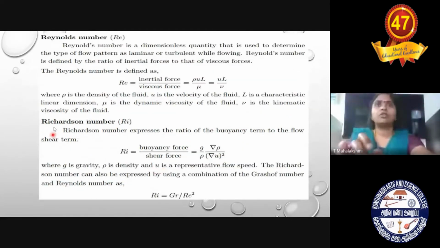Reynolds number represents that we are considering the mixed convection in the problem, which is the ratio of the inertia force and viscous force, and Richardson number is nothing but the ratio of the Grashof number and Reynolds number.